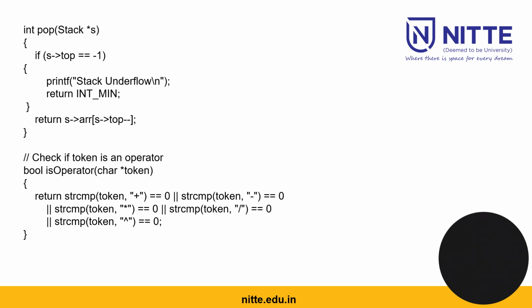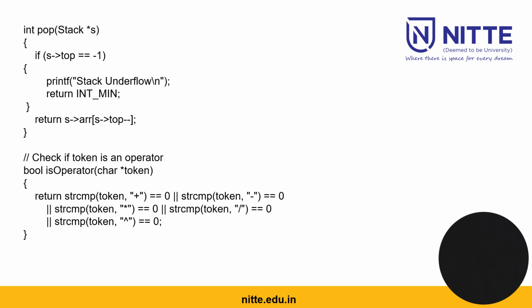That means we have encountered minus. Then again we will compare the token with star, and if we get the value 0, that means the token we have encountered is star. The same way we will compare the token and the division operator, and if the value you get is 0, that means the token is a division operator.